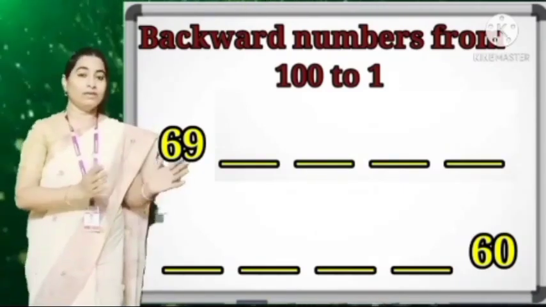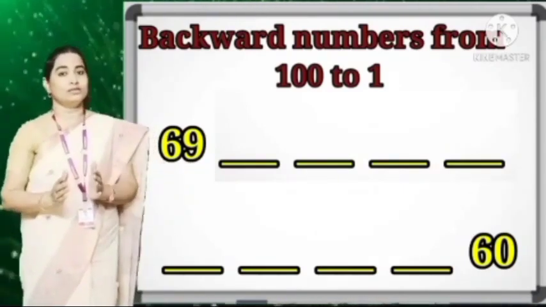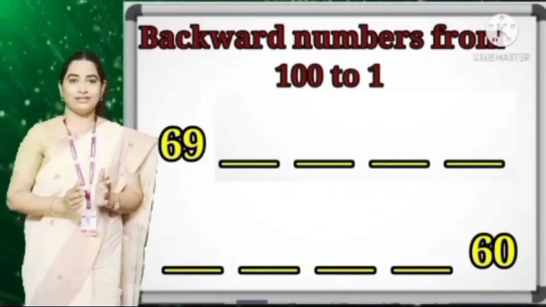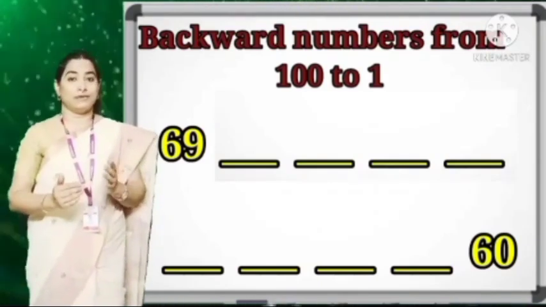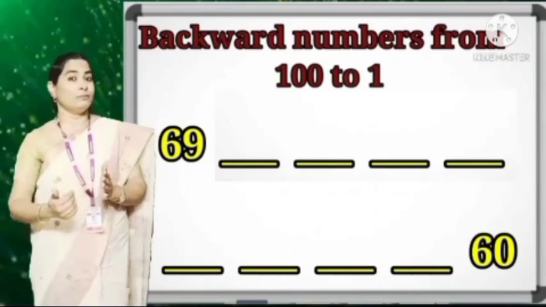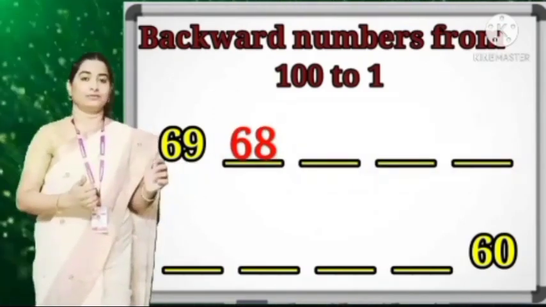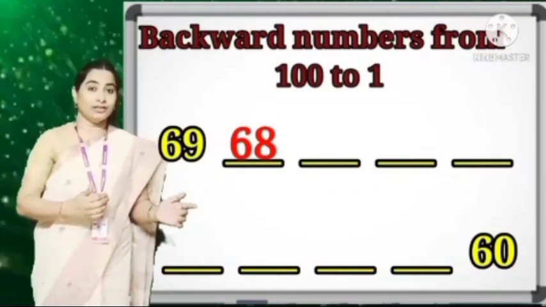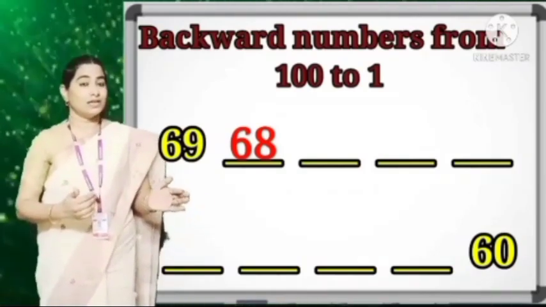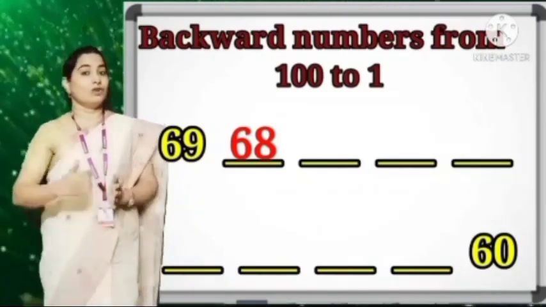Backward numbers from 69 to 60. Shall we start children? Yes. 69 is given. So, what is the before number? Before number is 68.